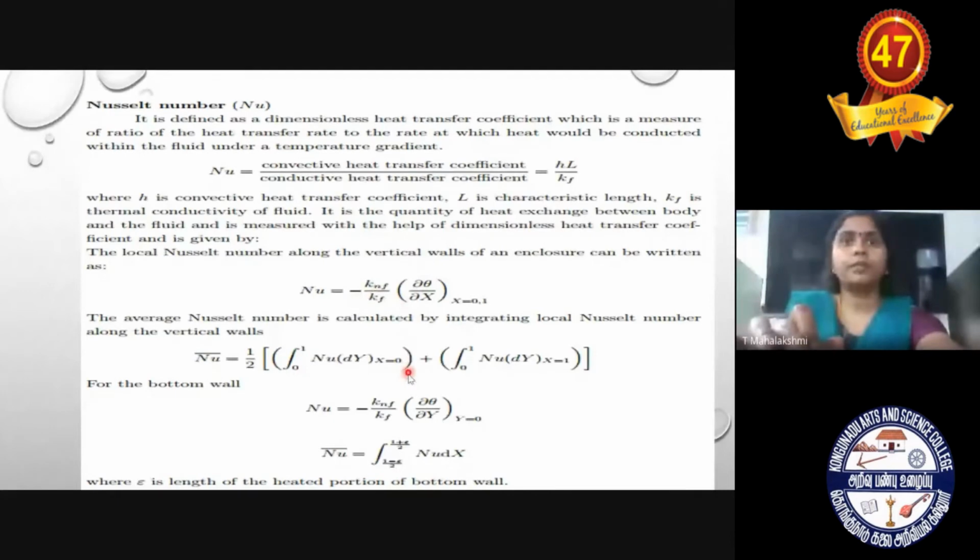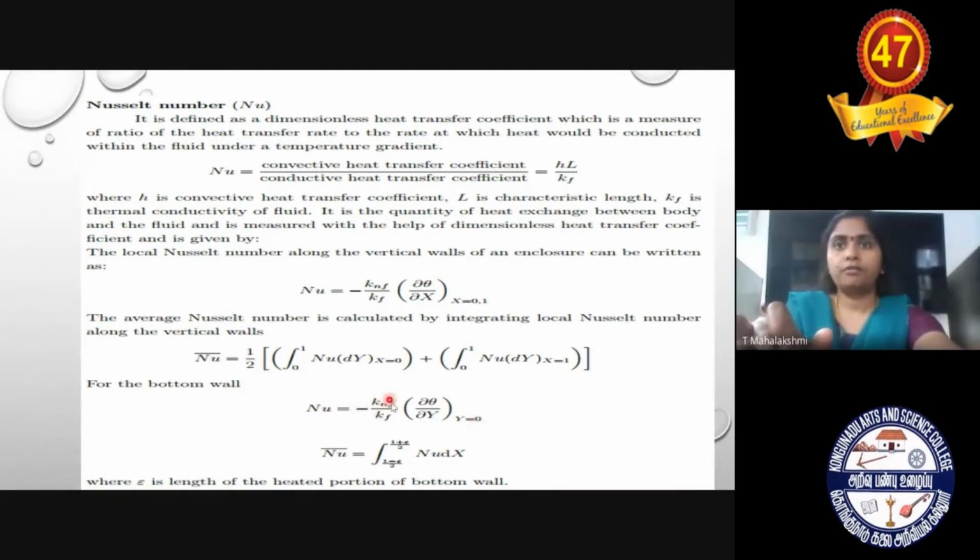So if we integrate the local Nusselt number, finally we will get the average Nusselt number. In this problem, I have calculated the average Nusselt number by considering both the left wall and right wall. So I have taken the average of those two.